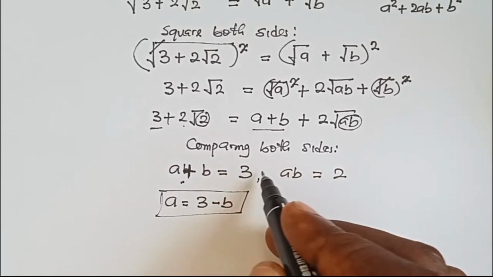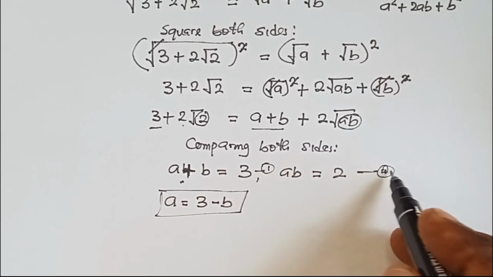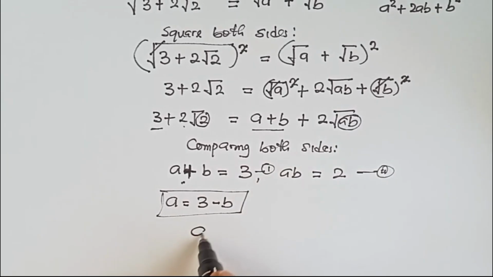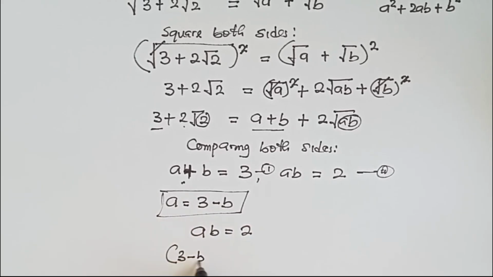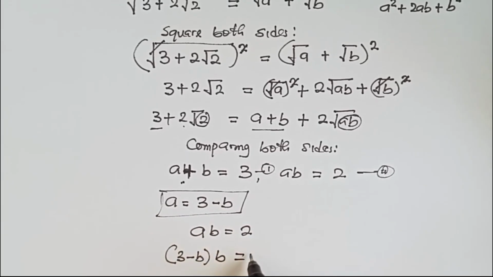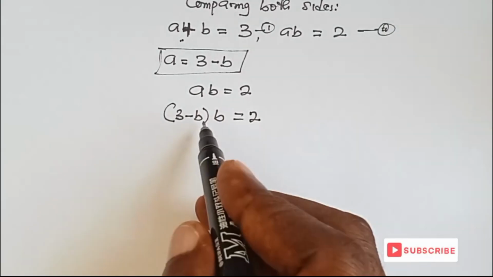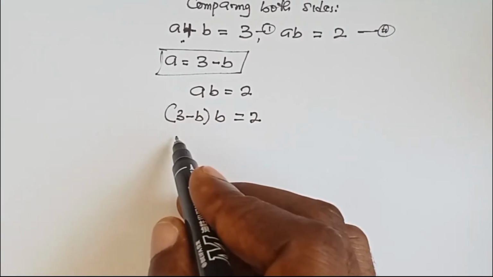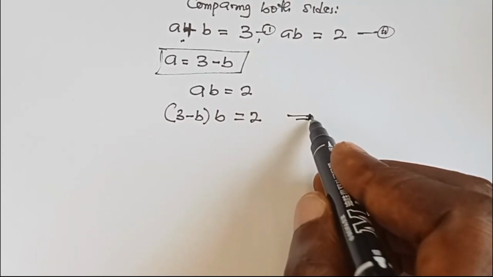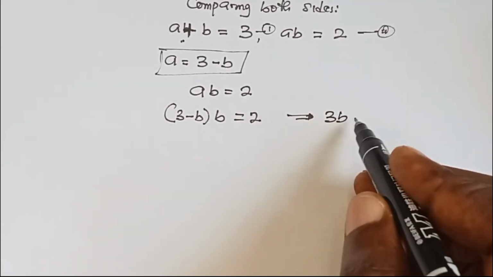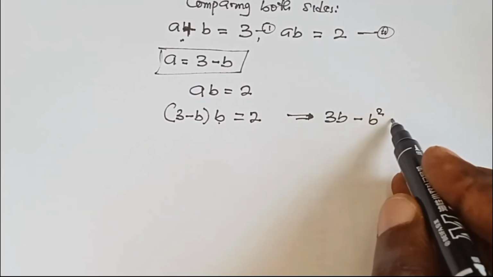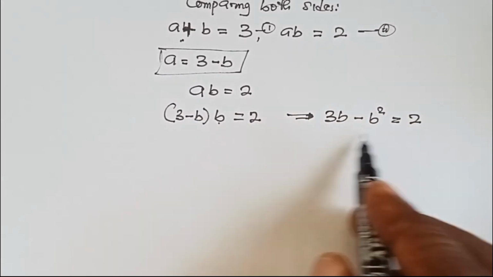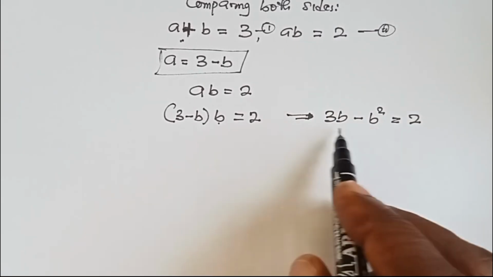So from equation 2, where we have ab equals 2, we write 3 minus b, then times b equals 2. We expand this: 3 times b gives us 3b, minus b times b gives us b squared, equals 2. So this is a quadratic equation, and we're going to factorize it.